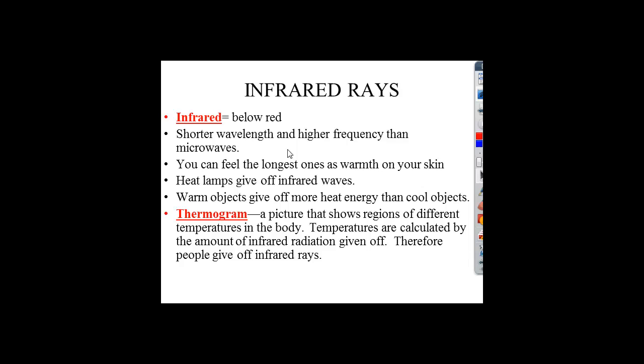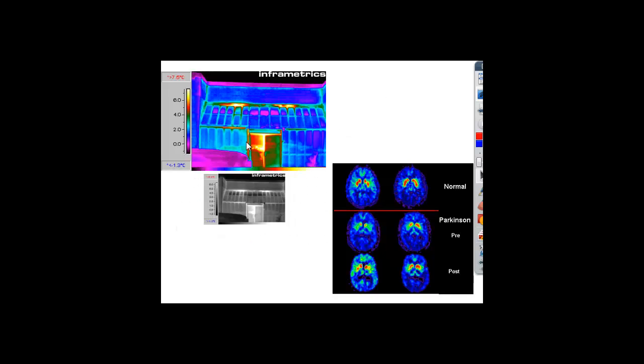And by that, they can figure out where people are, where trucks are that have just been turned off, and they can use it in that way. So this is an example of where you can actually see some infrared.